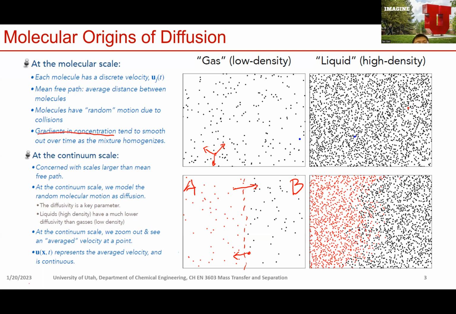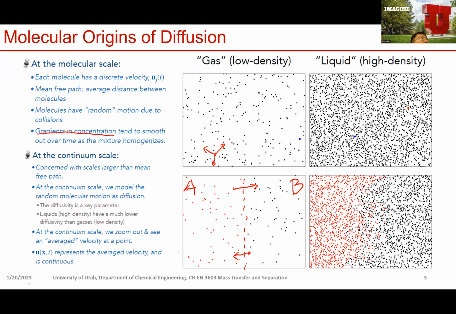So at the continuum scale, how do we describe this homogenized process, right? In this case, initially we have two separated species, and at the moment when we take out the wall, they start to mix, and then we have a flux of A moving to the right and a flux of B moving to the left.